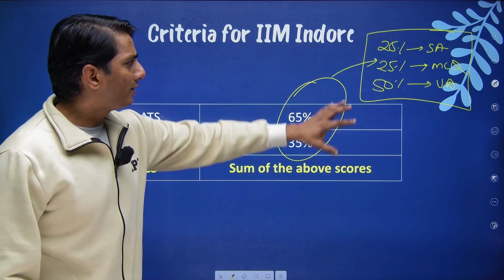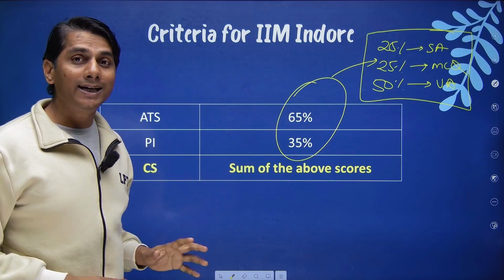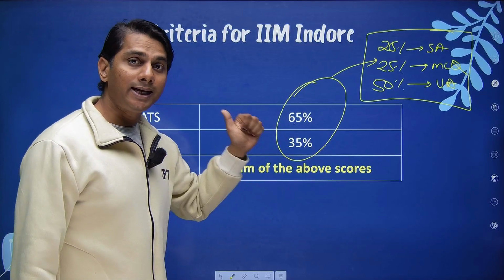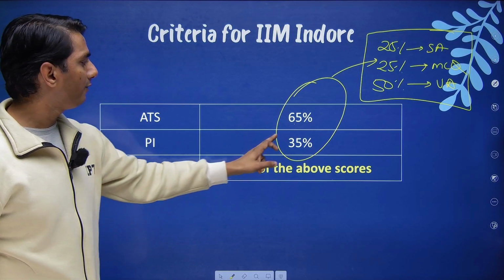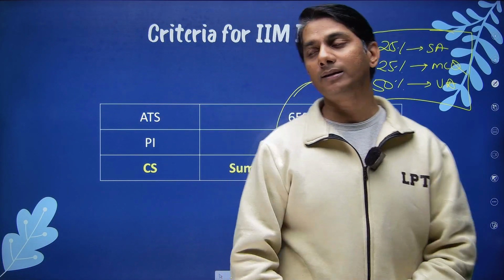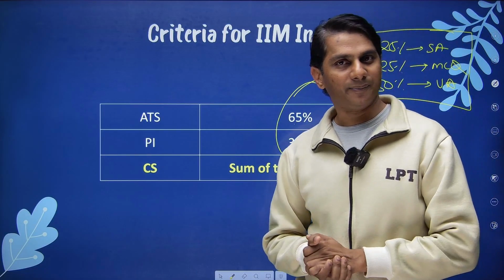Based on this, an aptitude test score is calculated, and for the final merit list, 65% weightage is given to the ATS score and 35% weightage is given to the PI score. And if you make the cut, you will be selected for the IPM program of IIM Indore, right?